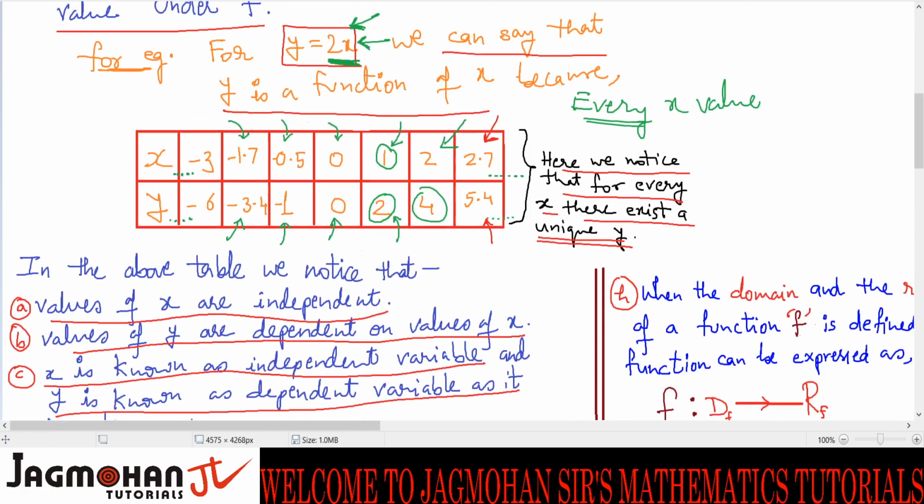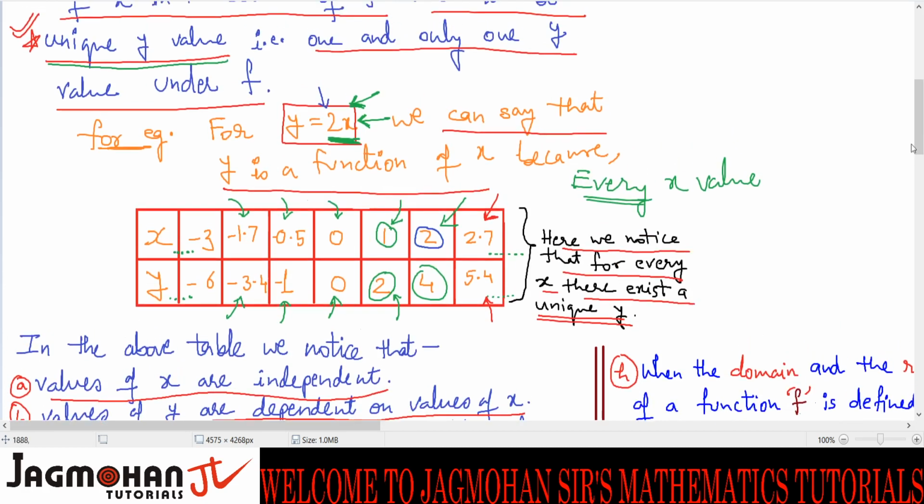Let me ask you a question, students. Please listen to this. If I am substituting x value as 2 in y equals 2x, and then I am expecting the y value to be 16, is it possible? Never.